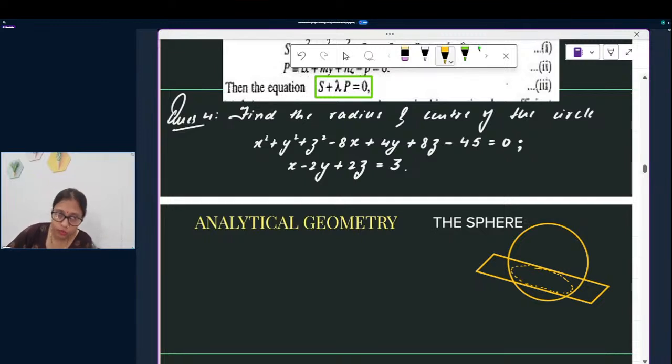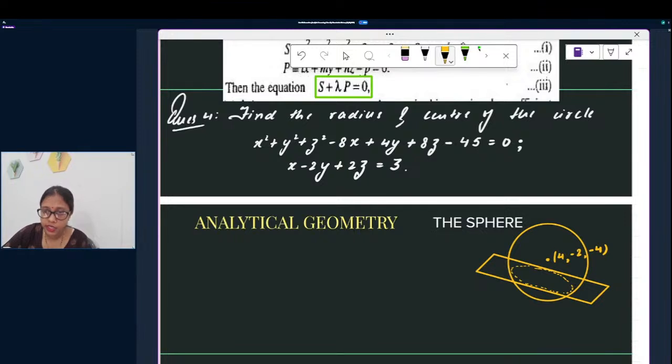See, the center we have already talked about. What is the center of the sphere? That is 4 comma minus 2 comma minus 4, that is minus u comma minus v comma minus w. Don't forget that it is plus 2ux plus 2vy.